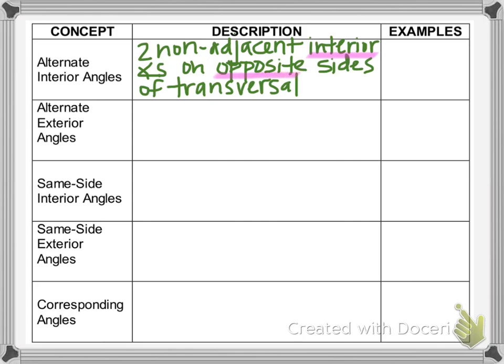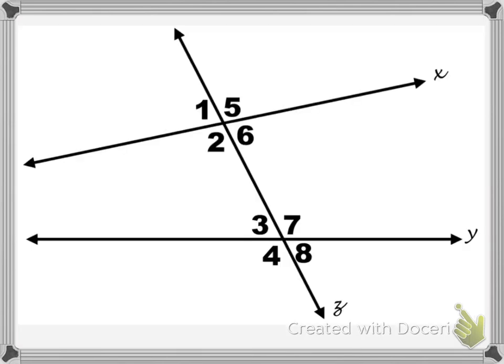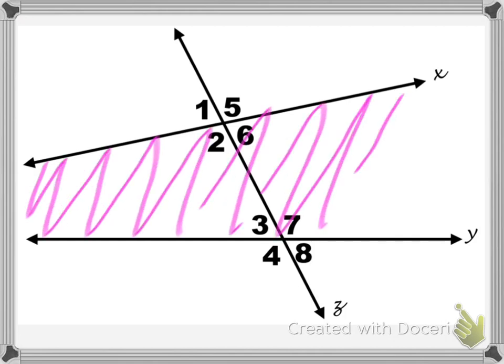So I'm going to swing back to our picture. We can take a look and find some examples of these. So remember in our picture, this is the interior part, right? So we're looking for angles in this interior part, and there's only 4 angles in this interior part, 2, 6, 3, and 7. And we're looking for ones that are on different sides of our transversal.